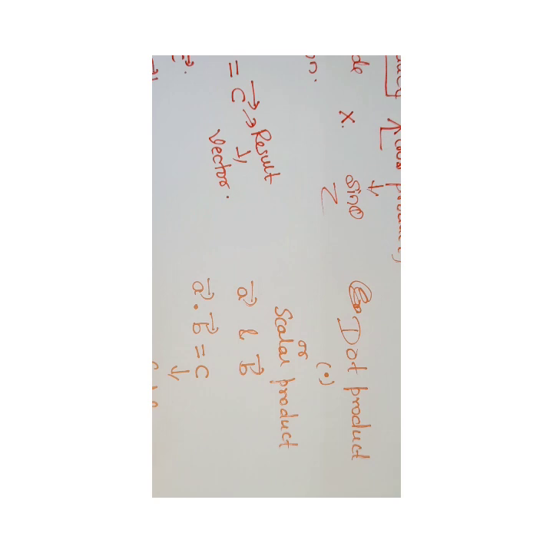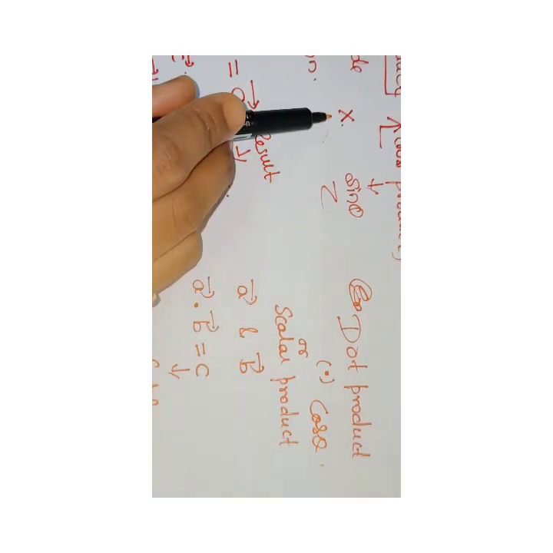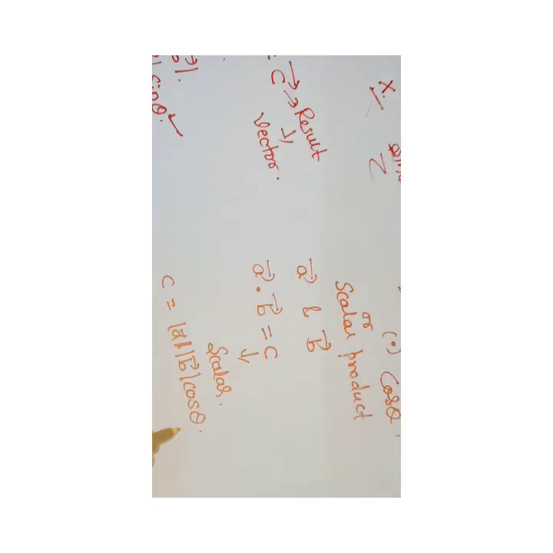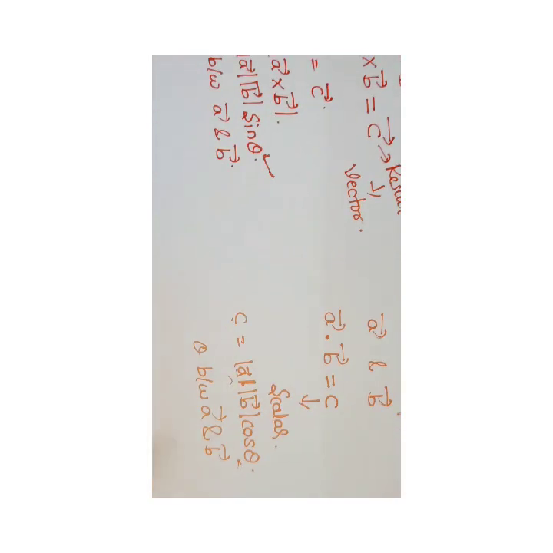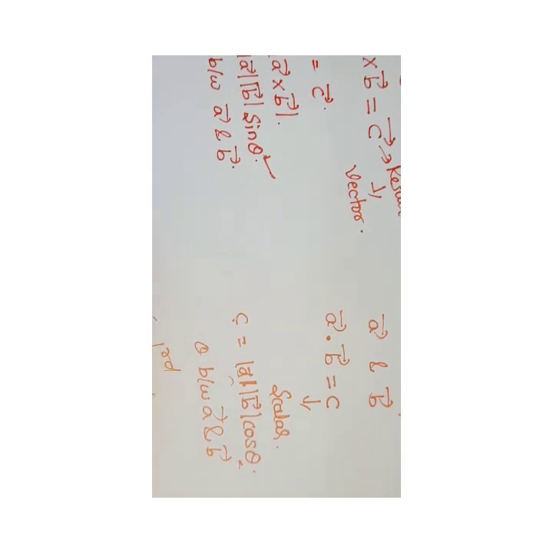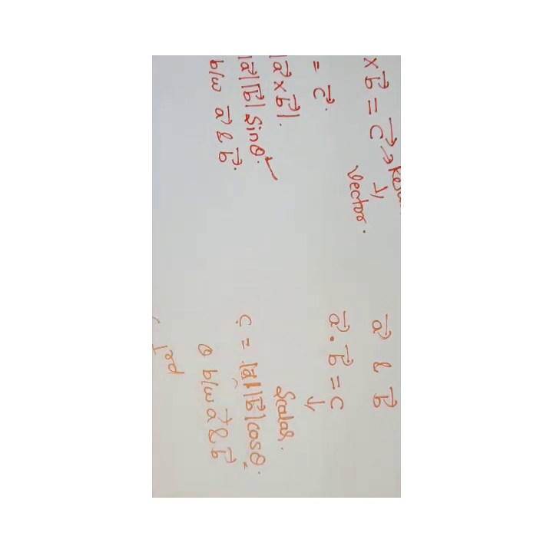See here, for dot you have to take cos, for cross sin theta. Theta is the angle between vector A and B.